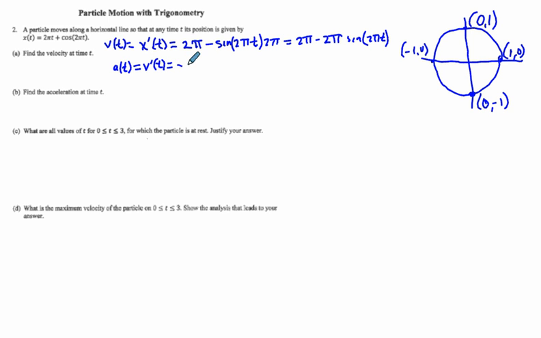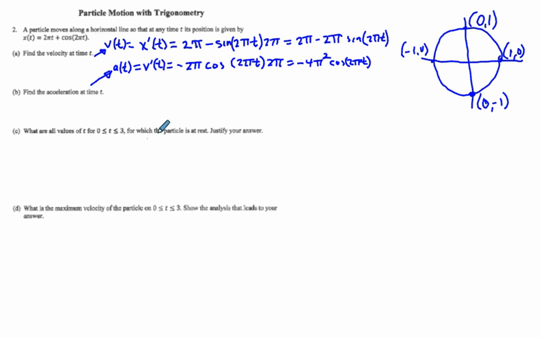So we have negative 2 pi cosine of 2 pi t times the derivative of the inside, which is 2 pi. And so just putting all the constants together on the left, we're going to have negative 4 pi squared cosine 2 pi t. So now we have our acceleration and our velocity.